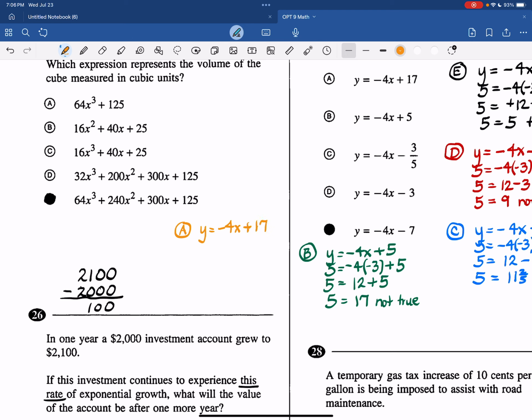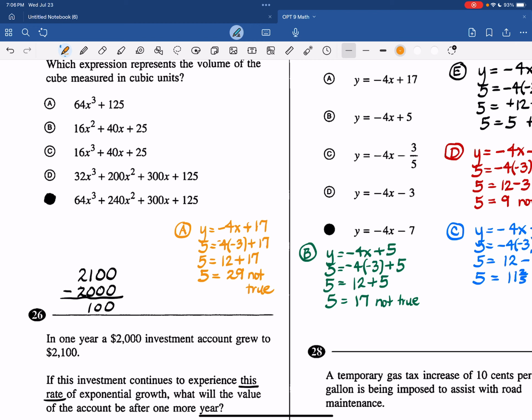So that's going to be even bigger than the others we found. -4 times -3 plus 17. So all of these equations have the same slope. It's the intercept that's different. So 12 plus 17 is going to not be 5. That's 29, and so that is not true.